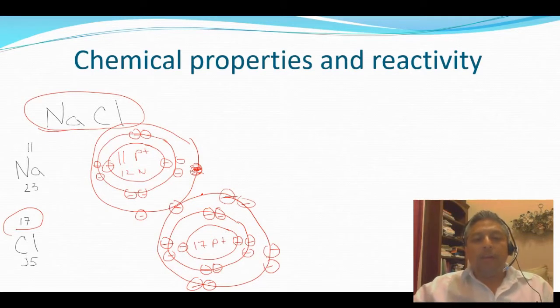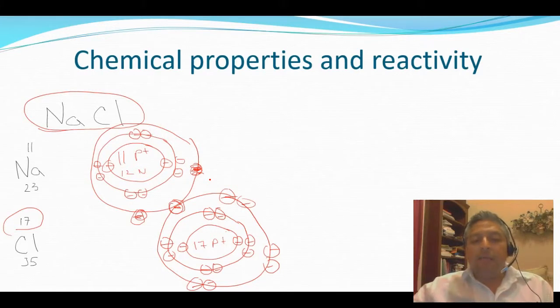Notice what's happening over here. We can predict that these two elements are going to be joining together, because this one has only 1 valence electron on the outer shell, and this one has 7 electrons on the outer shell. In order to balance, that third energy level will be having a full load of electrons around it.